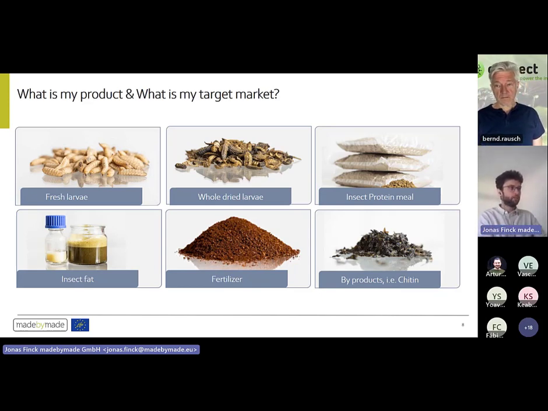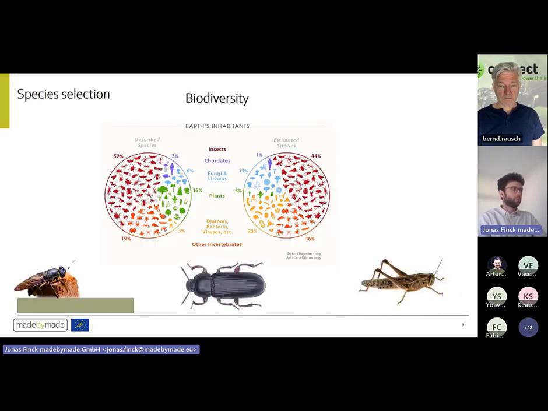then I think it's not easy to answer the question, what is my species I want to work with? When you said, okay, I want to work with insects, I want to get rid of maybe organic residues, I want to use an old building, I think insects is the technology I want to go with, then you should answer the question, okay, what is my species?